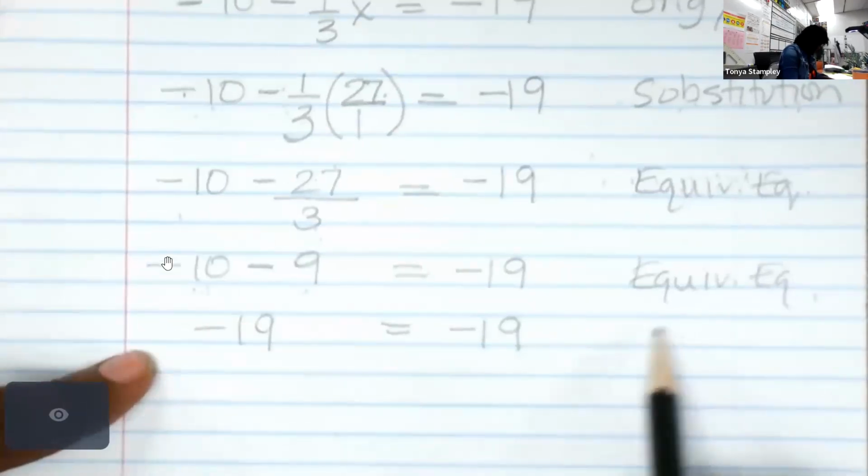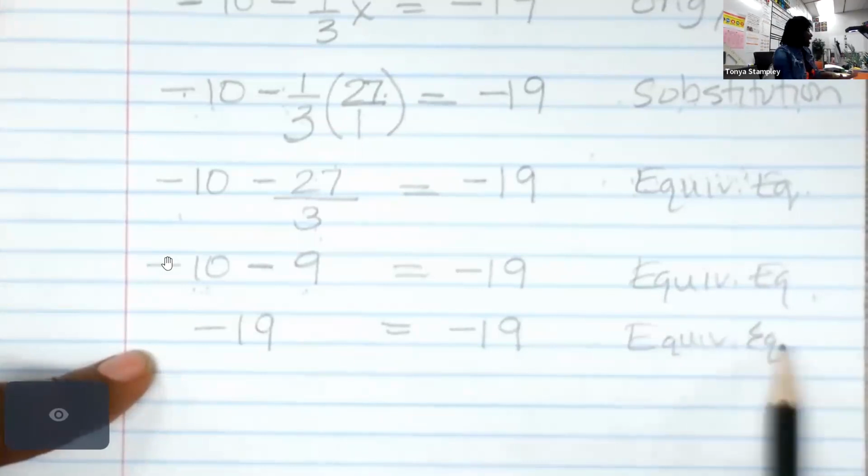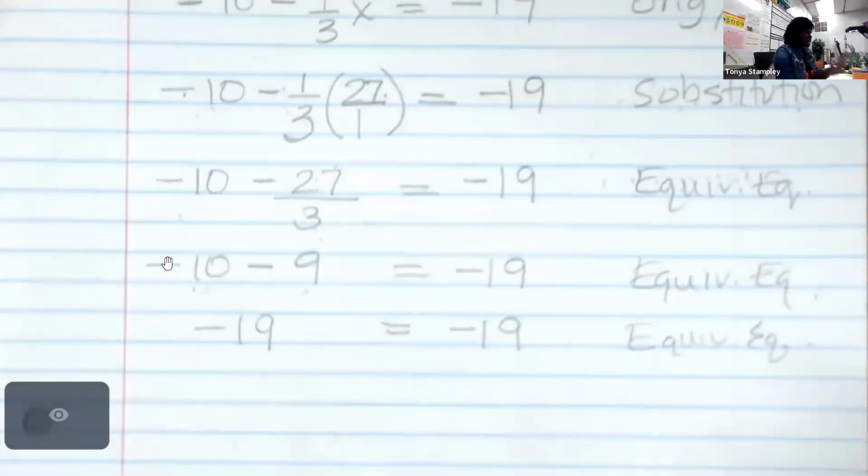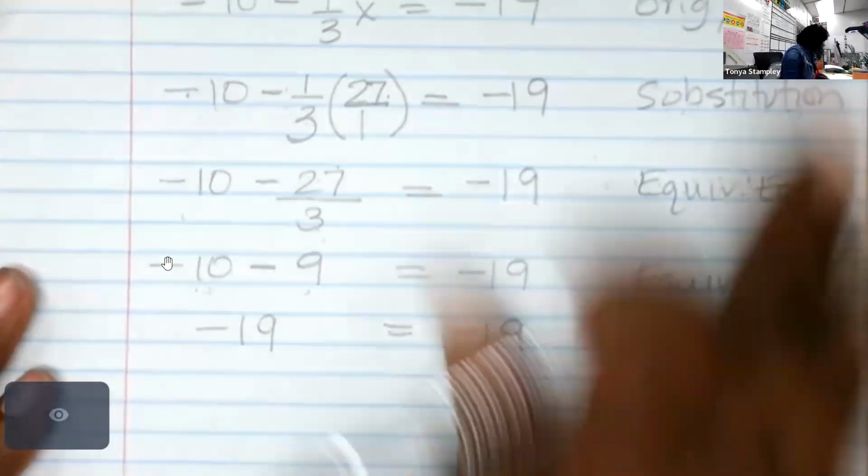And what about here? Equivalent equation. If all I'm doing is rewriting the sentence, not adding to both sides, not subtracting or dividing, if I'm not doing a move, then it's equivalent equation. Are y'all with me? Unless I'm doing something specific.